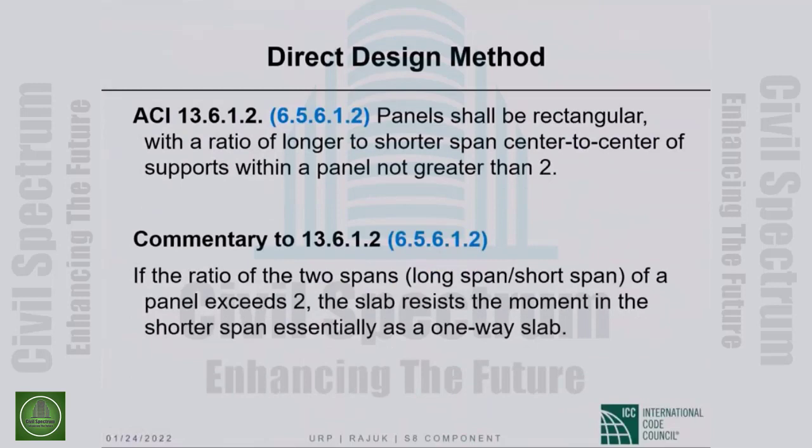Panels shall be rectangular with a ratio of longer to shorter span, center to center of supports within a panel, not greater than 2. You know why not greater than 2.